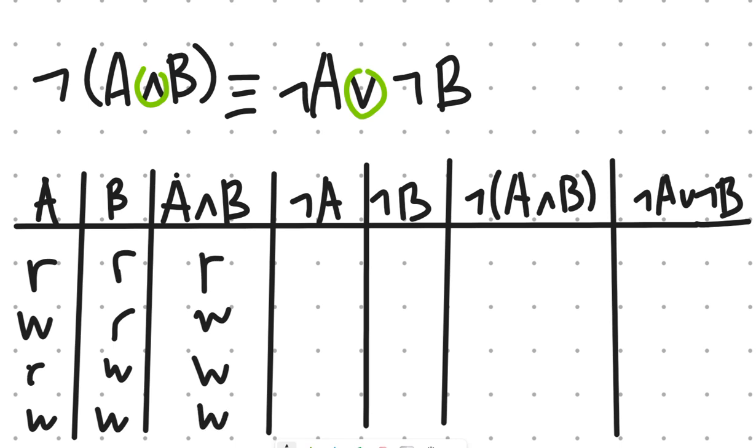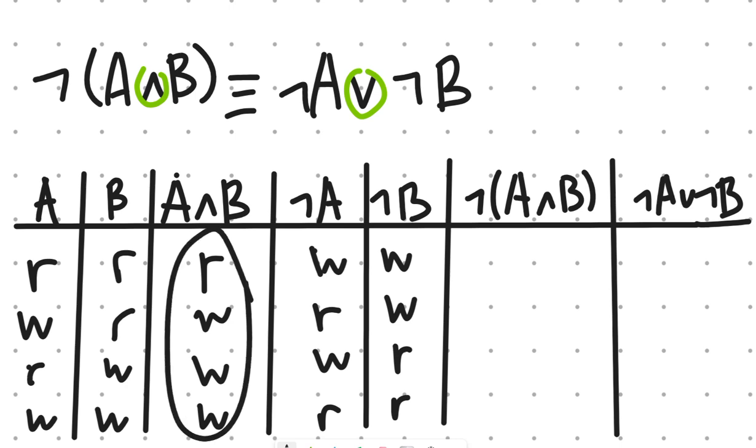So now we have right, wrong, wrong, wrong. And now we are going to write down the negation of A, which is wrong, right, wrong, right. And the negation of B, which is wrong, wrong, right, right. And the negation of A and B is just the negation of the thing we have over here.